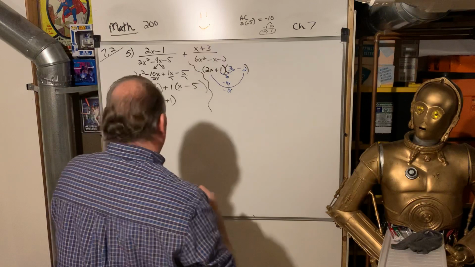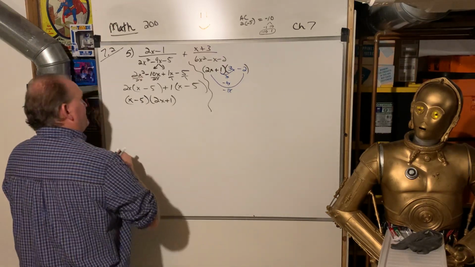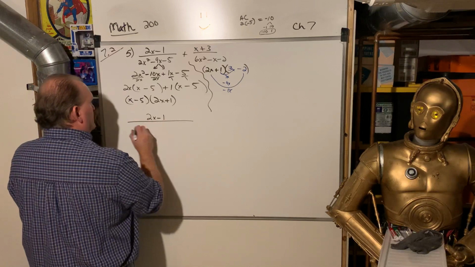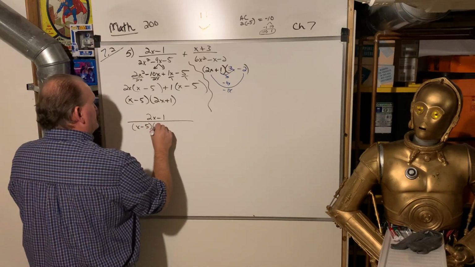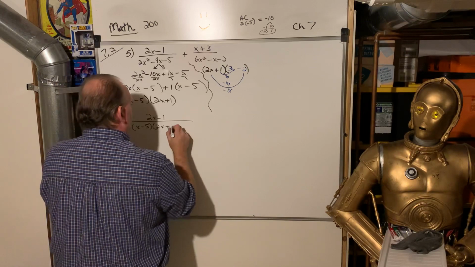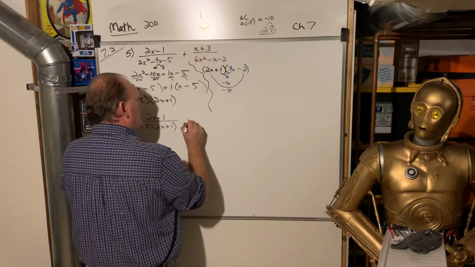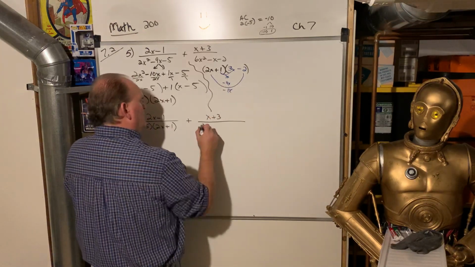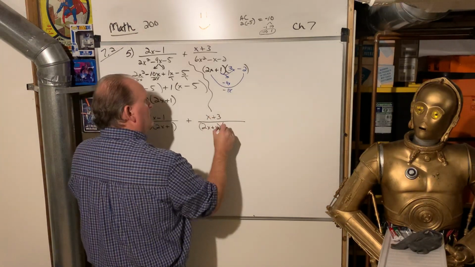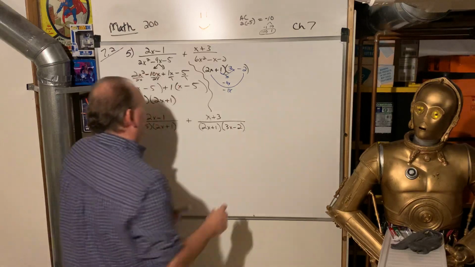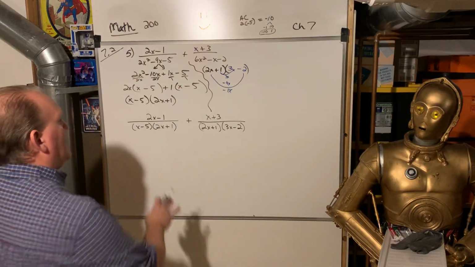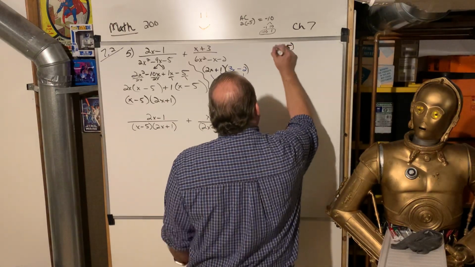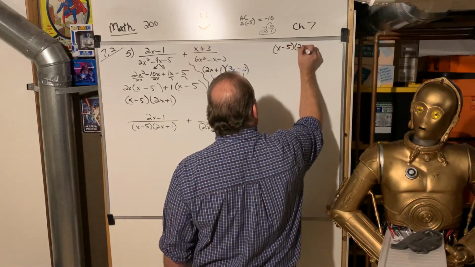All right, so let's write these in factored form without all this work. 2x minus 1 over x minus 5, 2x plus 1, plus x plus 3 over 2x plus 1, 3x minus 2. All right, we have to find a common denominator between these two. So on the top one, we have x minus 5, 2x plus 1.